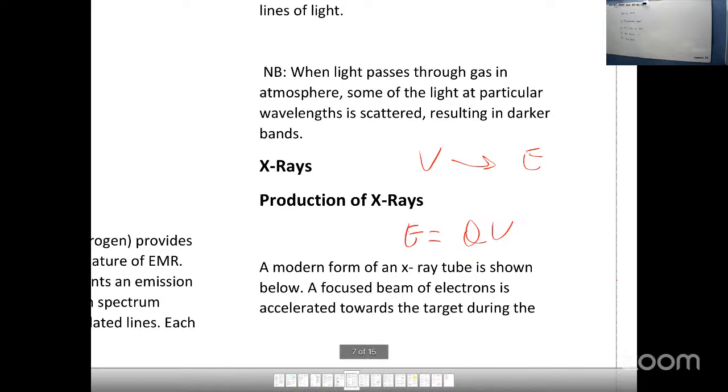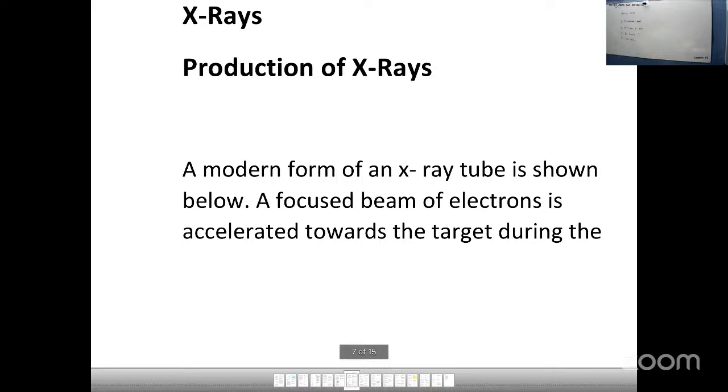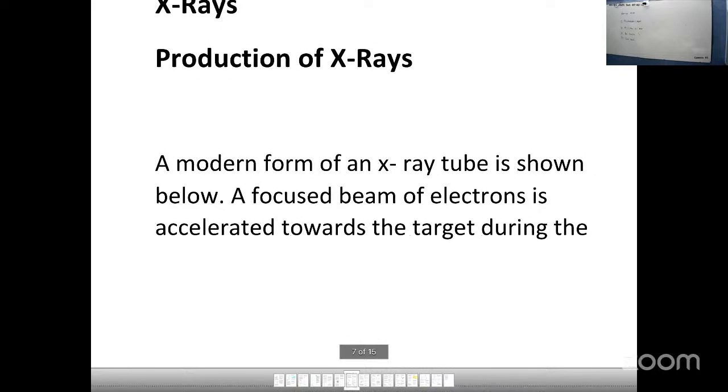Voltage affects the speed of the electron. Current affects the number of electrons, basically. Voltage affects the speed of the electron or the energy of the electron. And the formula I gave you, E equals QV, is energy.